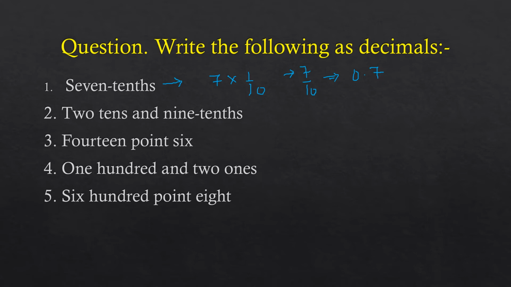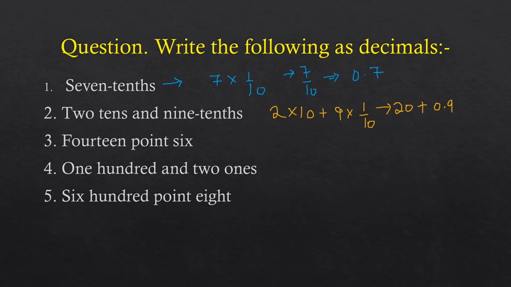The second question here is 2 tens and 9/10. 2 is at the tens place, and 9 is at the 10th place, so we will simply multiply 9 with its place, that is 1 by 10. So 2 into 10 gives us 20, and 9 into 1 by 10 gives us 0.9.